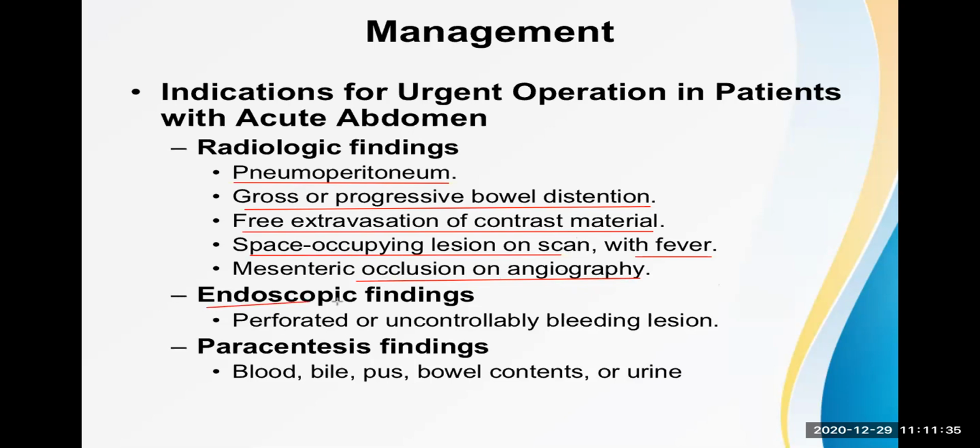If endoscopic findings show perforated or uncontrollably bleeding lesion, we have to go for surgery to control it or to treat it. Any paracentesis findings show there is a blood in the peritoneal cavity. If there is a bile, if there is a pus, if there is a leakage of the fecal matter, or if there is a collection of the urine, what does that show?